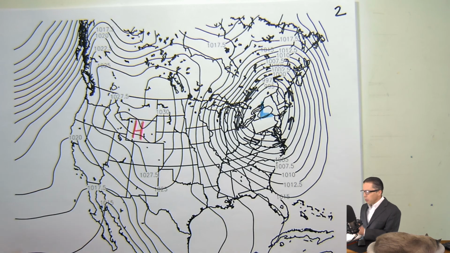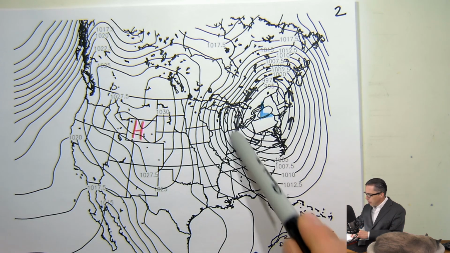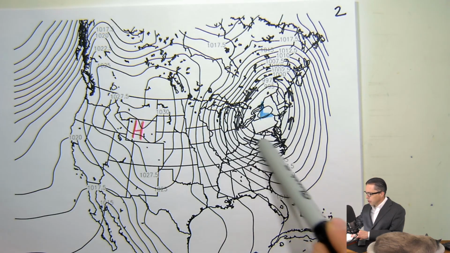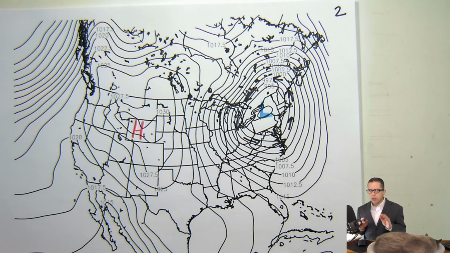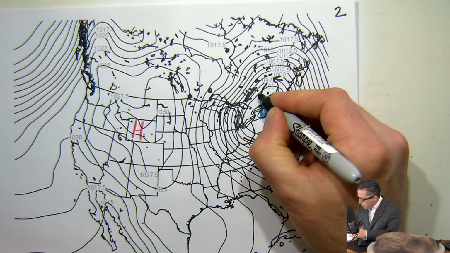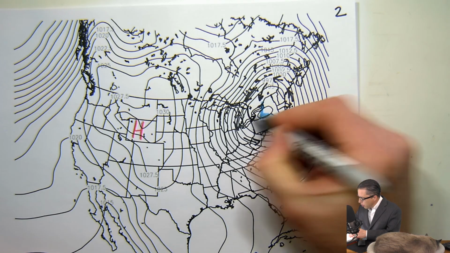Now, realistically, air that's aloft, up above our heads, is moving exactly parallel to the contour lines just like I described. What happens here on the ground is a little different. Wind hits trees and buildings and mountains and it slows down. What happens is it spirals inward, kind of like this, when it gets close to the surface.